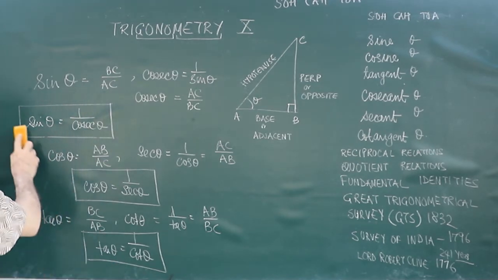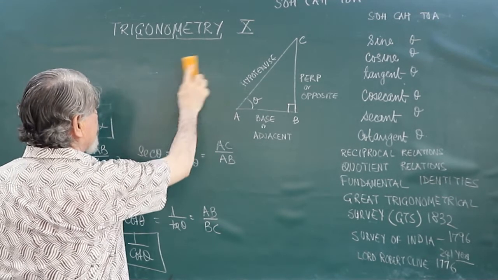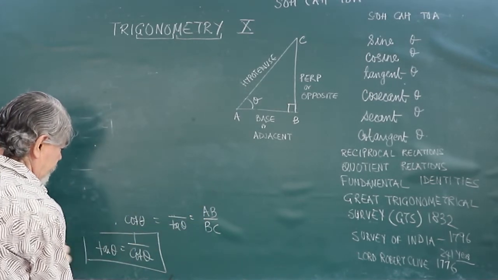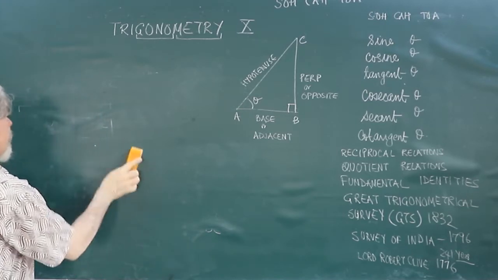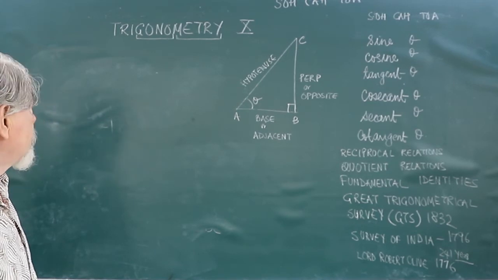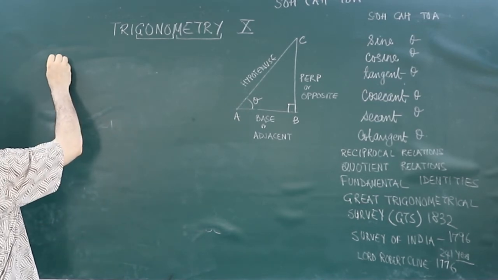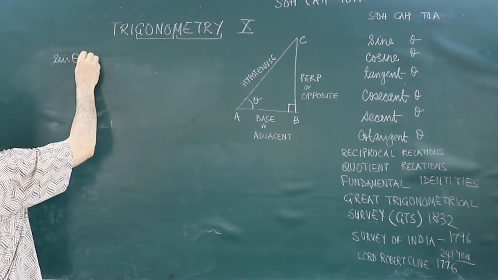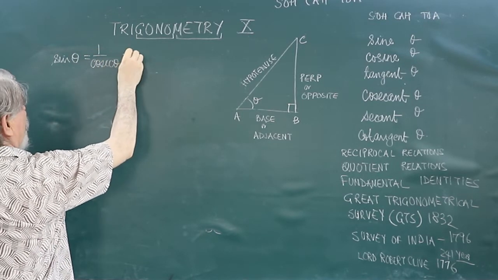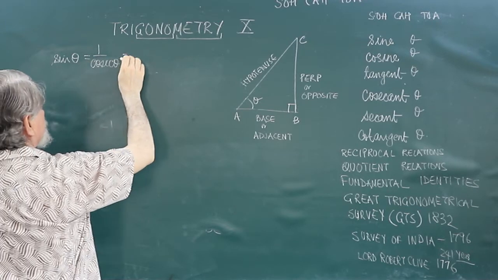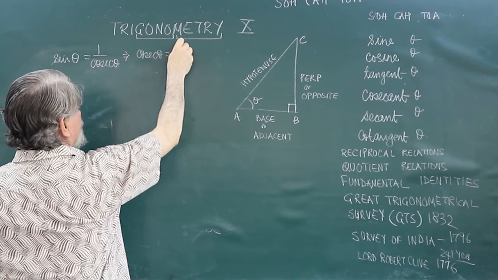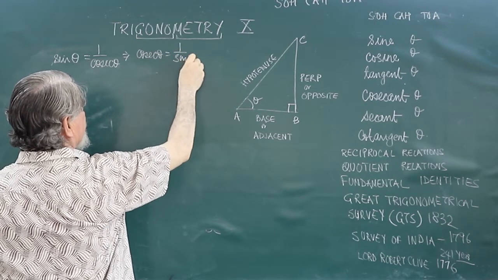Let me write all the reciprocal relations together now. After explaining it to you, let me write them together, then we discuss the next relations, which are called quotient relations. Like I would say, sine theta is 1 upon cosec theta, or cosec theta is 1 upon sine theta. It is one and the same thing.